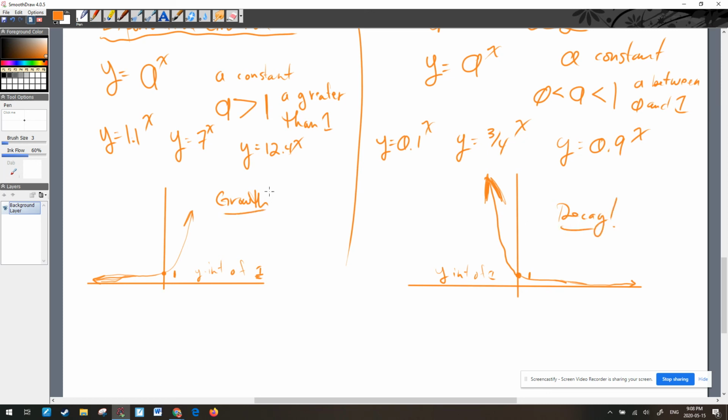Now, these seem pretty obscure. Interestingly, particularly for growth, this is really, really prominent in the real world. Okay, financial math is all about exponential growth.